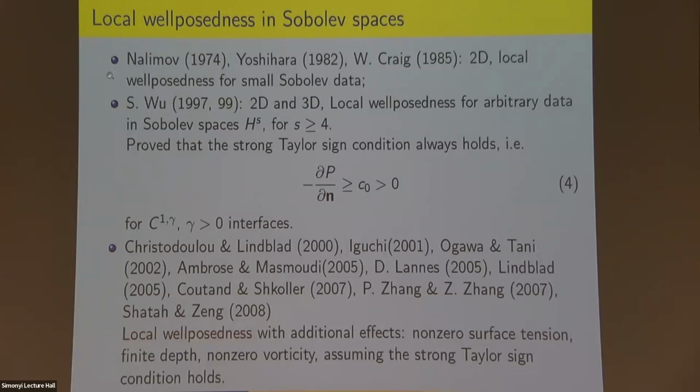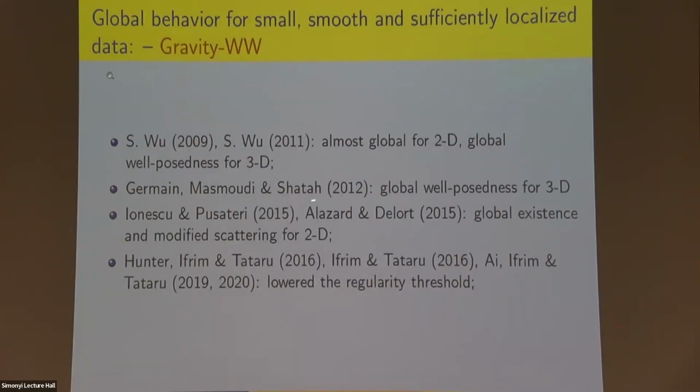By now, there's also a lot of work on global behavior. We showed, more than 10 years ago now, that for 2D water waves, for data of size epsilon, you can solve for time e to the 1/epsilon, and for 3D, you can solve for all time.